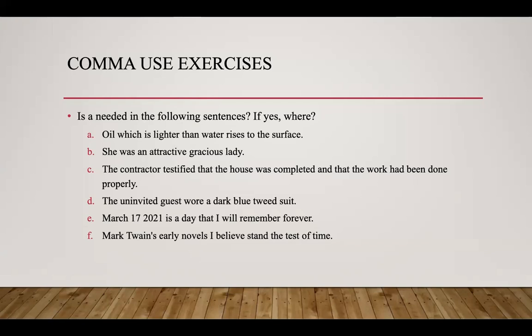Yep, exactly, Al-Hanuf. Before the pronoun I and after the verb believe, because this is an interjection to the sentence. The meaning basically is Mark Twain's early novels stand the test of time. So I inserted a word or a phrase like I believe, or a clause rather than that, and that should be placed between two commas.